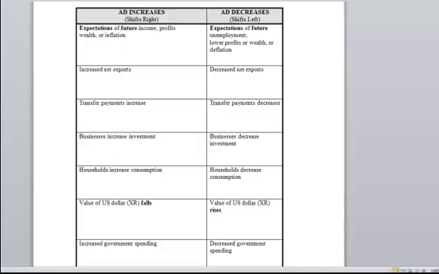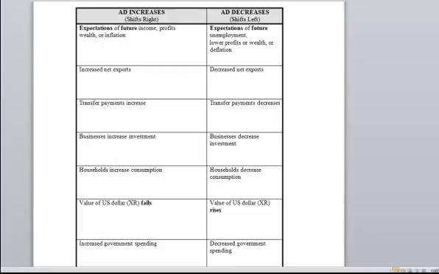For example, expectations of future income, profits, wealth, or inflation. For example, if people have positive expectations for the future, maybe the economy is doing very well, they have a lot of job security, job stability, maybe they're expecting a raise, then they will increase their consumer spending today.